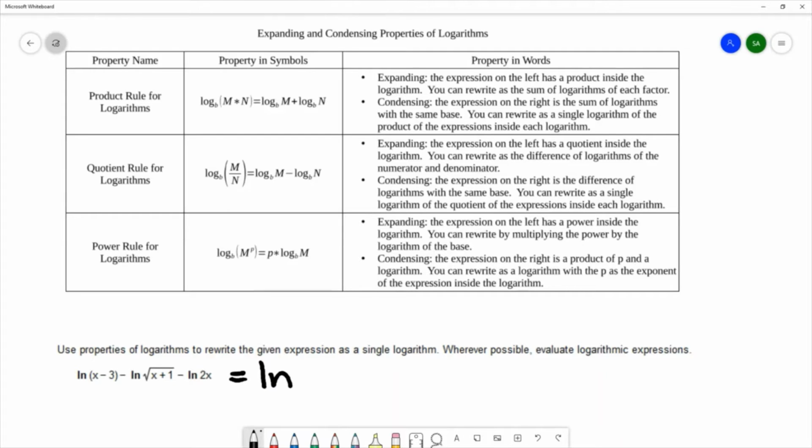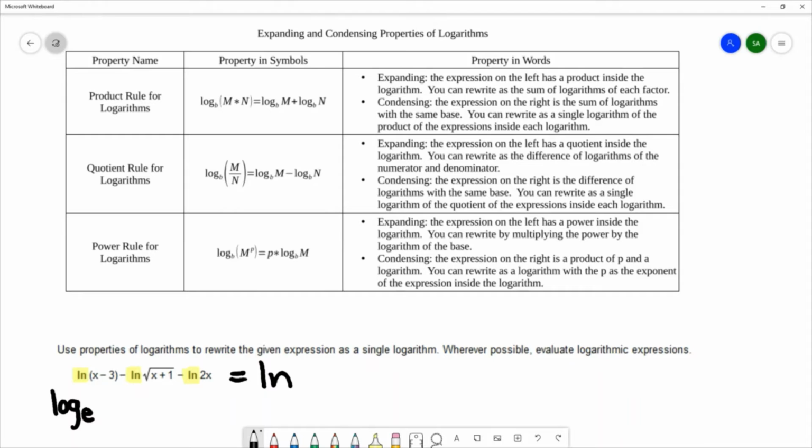So one thing that you need to be sure of is that all of the logarithms have the same base. All of these logarithms say ln, which stands for natural log. And natural log is used when you have the natural base of e. So all of these have the meaning of log base e.